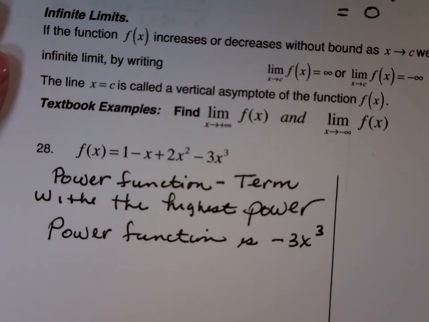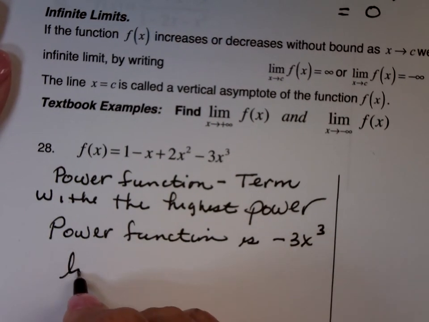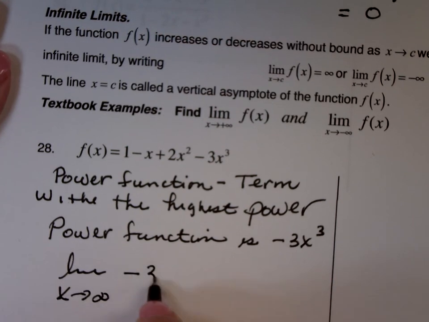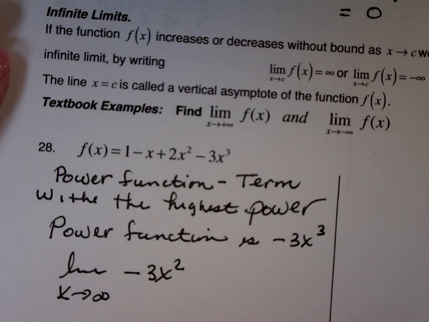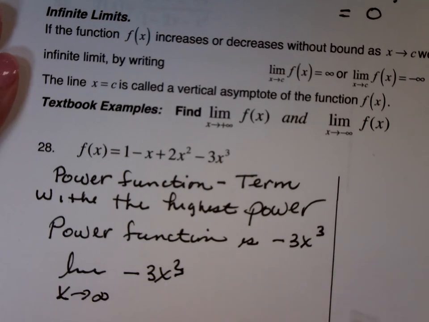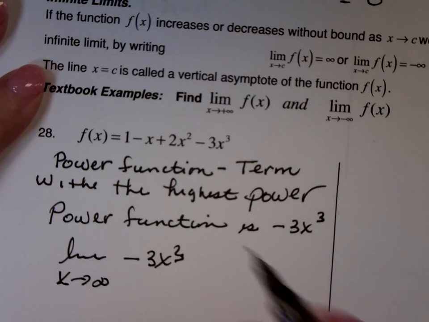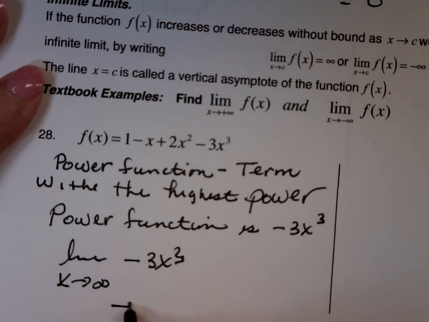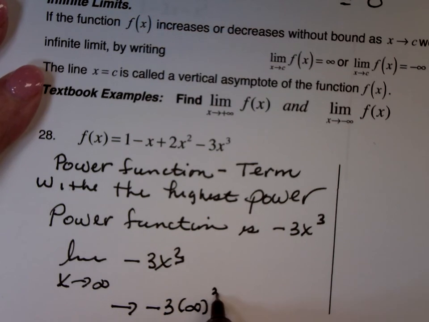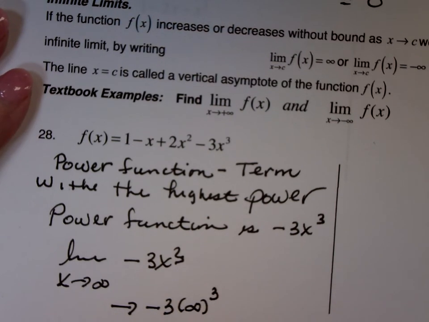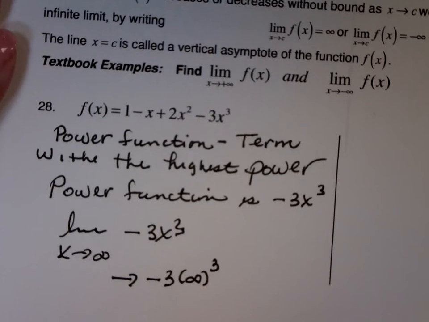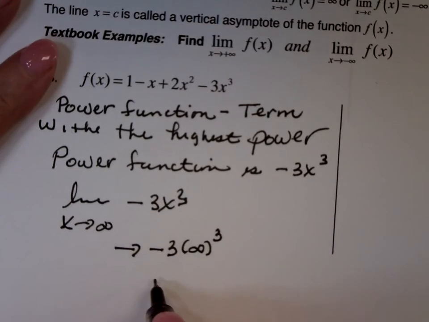So that means I want to find the limit as x goes to infinity of negative 3x cubed, excuse me. Boy, if it's squared, I'm going to have a different problem. Well, what it's going to go to is negative 3 times infinity cubed. And what might you think infinity cubed might be?